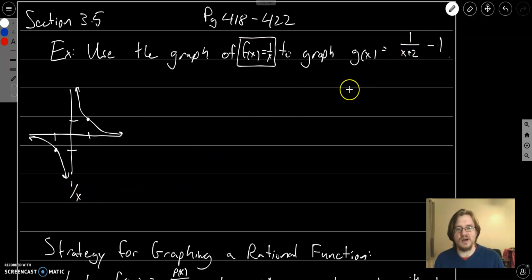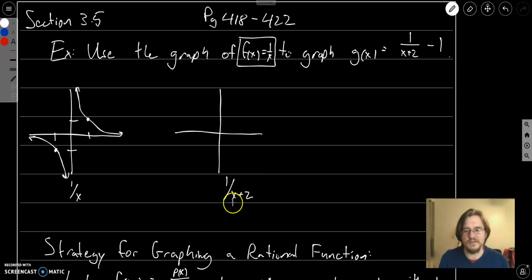So here, we have added 2 directly to the x. So we can graph 1 over x plus 2. And what we know is that any time you add a number directly to the x inside of the function, we have shifted the function to the left 2. So 1, 2, 3.